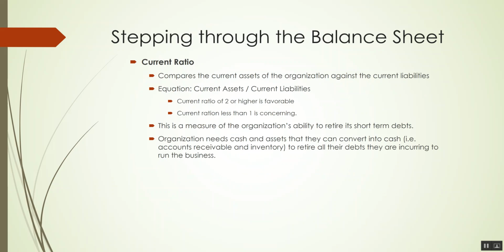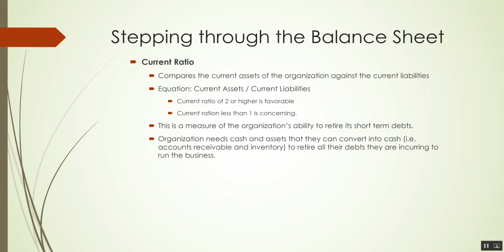All right. So one final thing that I want you to be aware of is in accounting, there are a lot of useful ratios. One important ratio is called the current ratio. Basically what we're doing with the current ratio is weighing the total current assets of the organization versus the total current liabilities.